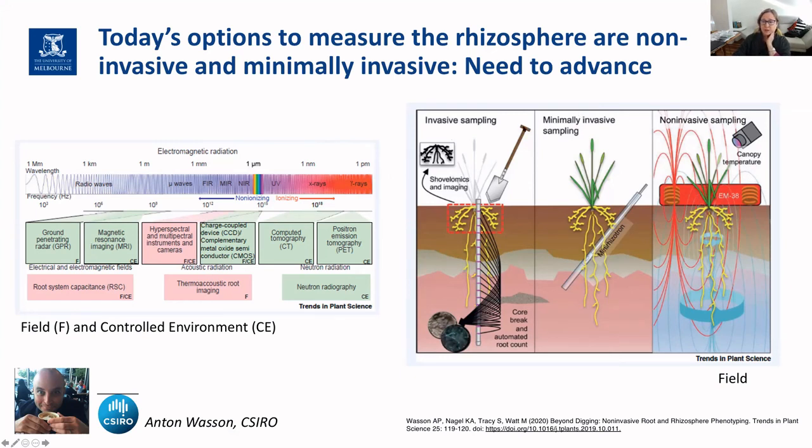In the field, we're still limited to either coring or shoveling, or the insertion of windows, mini rhizotrons for imaging roots, or non-invasive sampling methods, canopy measurements, and also EM38, so salt and water measurements, but from above ground.